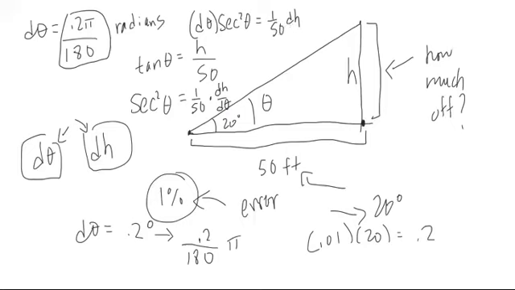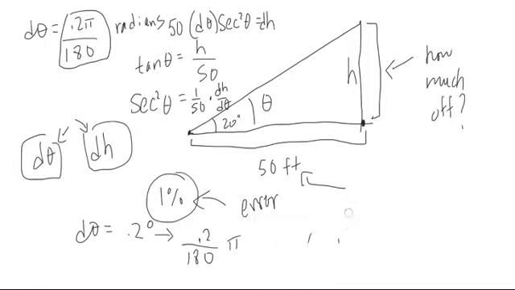In fact, we can multiply both sides by 50, and we get 50 times secant squared theta d theta equal to dh. With d theta being this, we can compute dh very nicely. What do we use for theta?